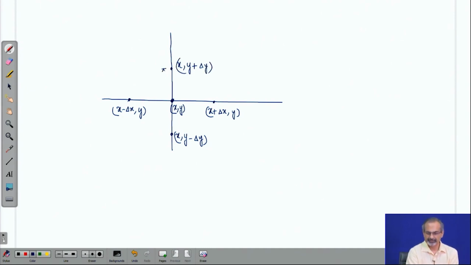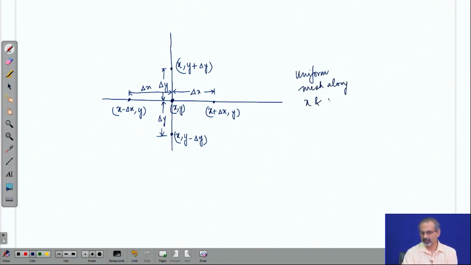And then these are the spacings, grid spacings, delta x and delta x here. We have a uniform mesh along x and y directions.